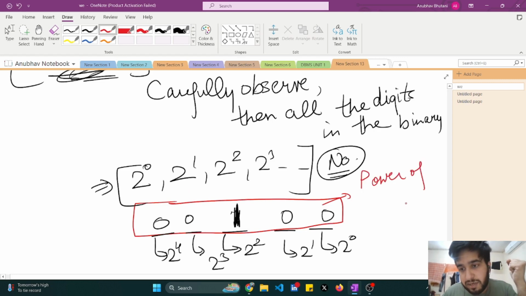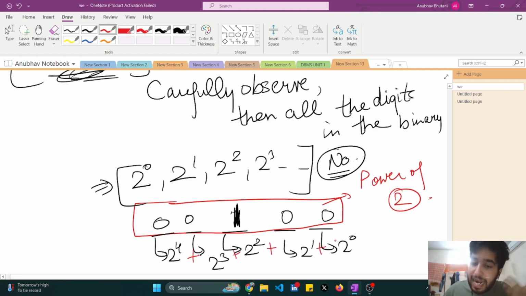Because for the final answer we are basically adding all the values: multiplying 0 into 2 raised to power 0, 0 into 2 raised to power 1, 0 into 2 raised to power 2, 0 into 2 raised to power 3, and 0 into 2 raised to power 4.